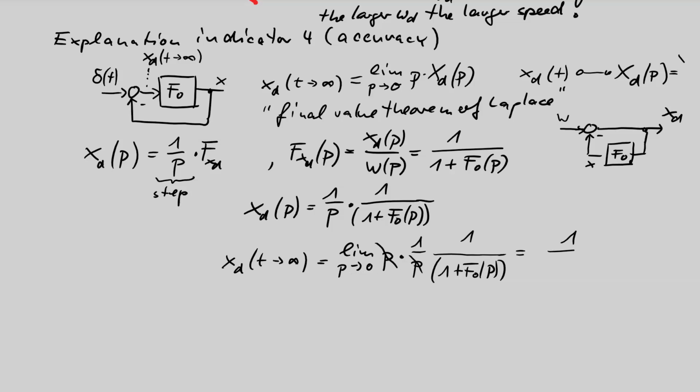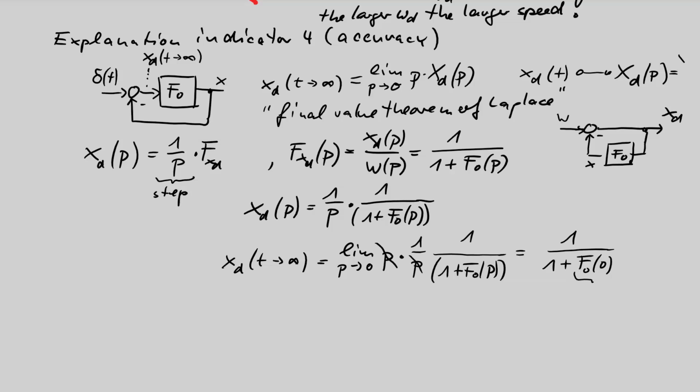And what I wanted to prove is that my control error for large times is calculable exactly with the open loop gain at p equals 0, which is a DC case.